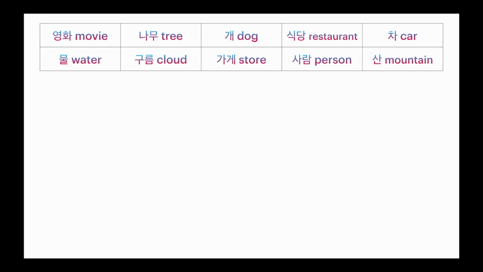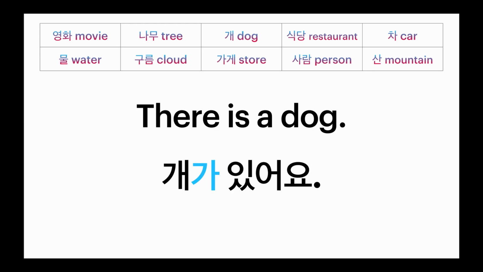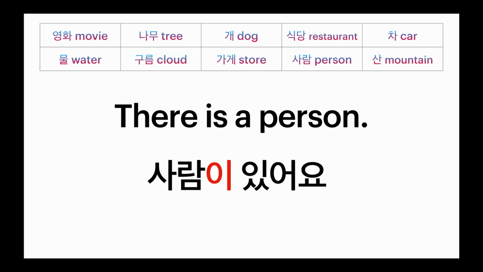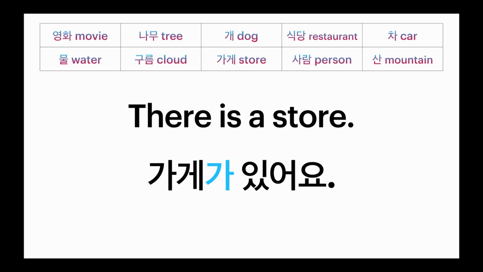Now let's go ahead and try to make some sentences. There is a dog. 개가 있어요. There is a person. 사람이 있어요. There is a store. 가게가 있어요.